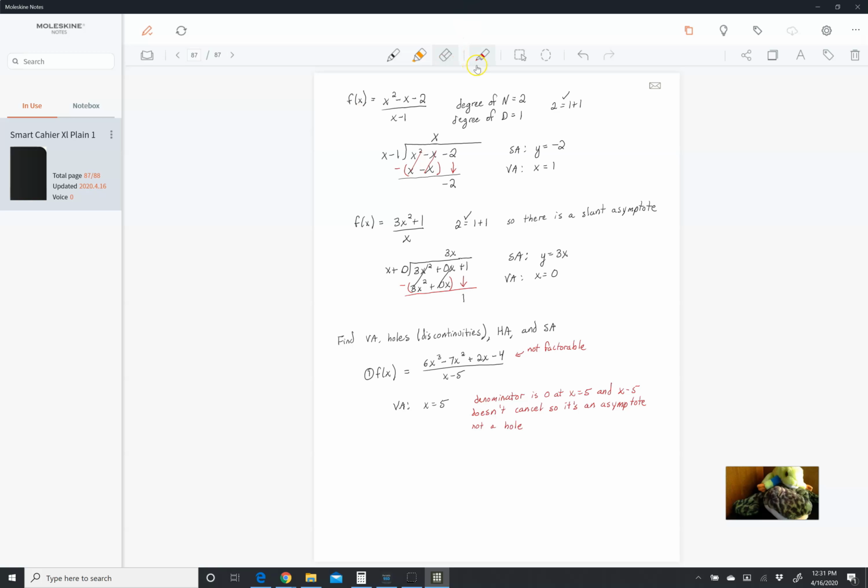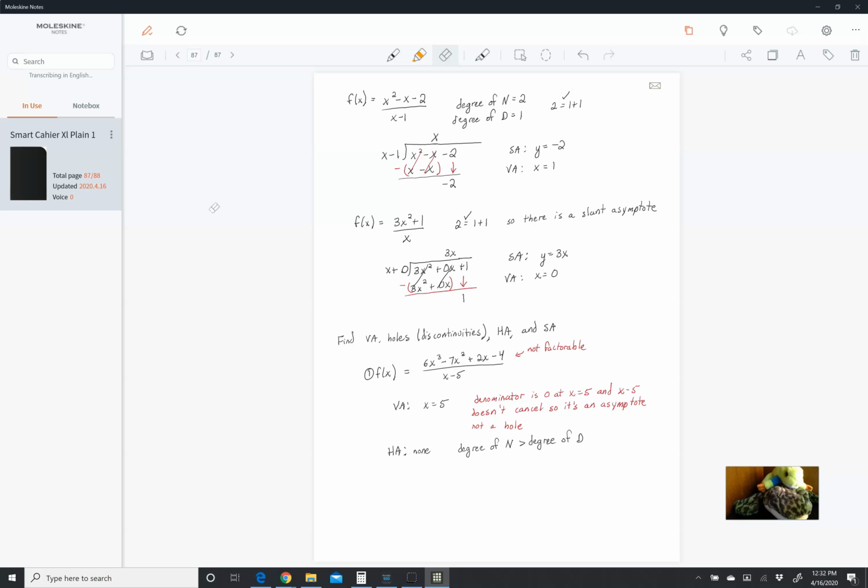Our horizontal asymptote, if we look at the degree of the denominator, it's greater than the degree of the numerator. So there isn't any. Remember, there are three possibilities.